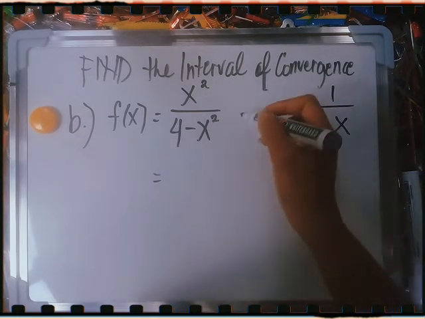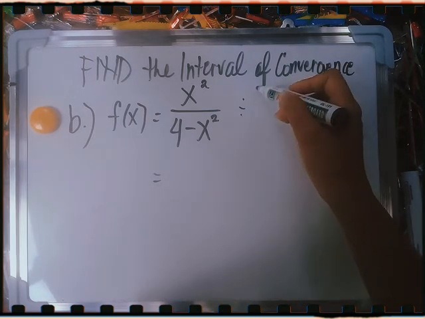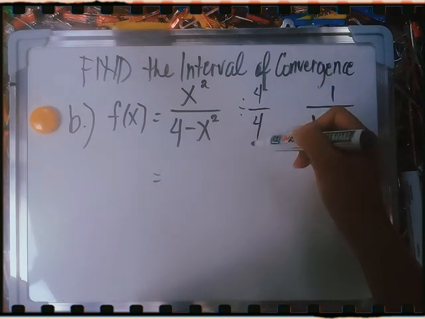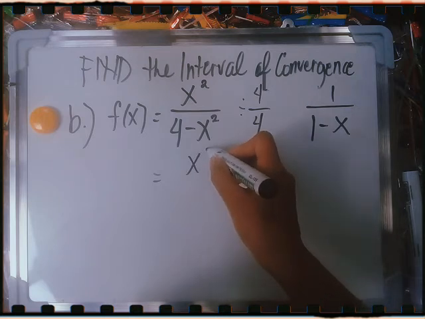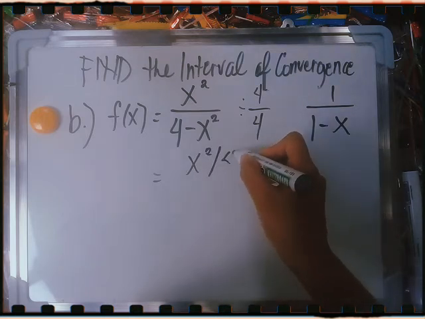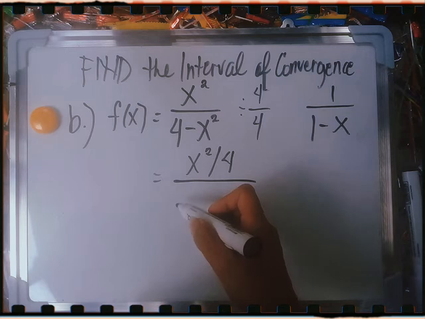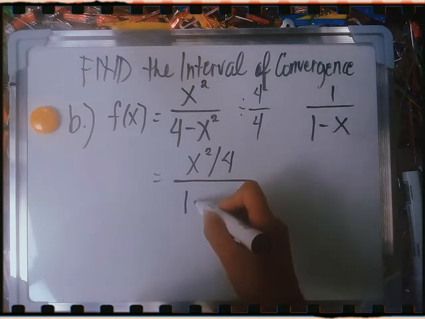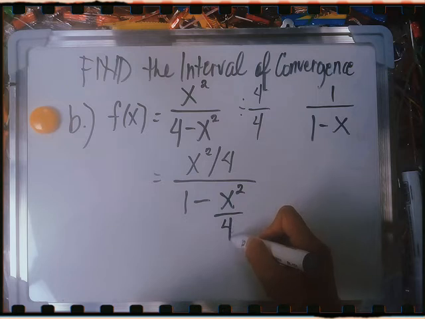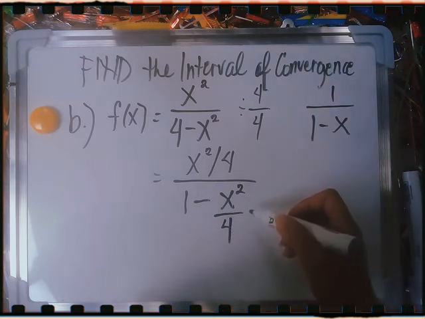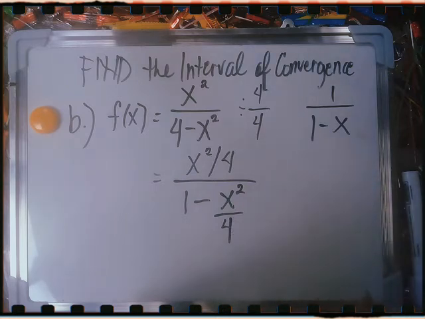So, i-divide natin siya sa 4 para maging 1 ito. So, we have x squared over 4 all over 1 minus x squared over 4. And then, ito pwede pa nating i-simplify.